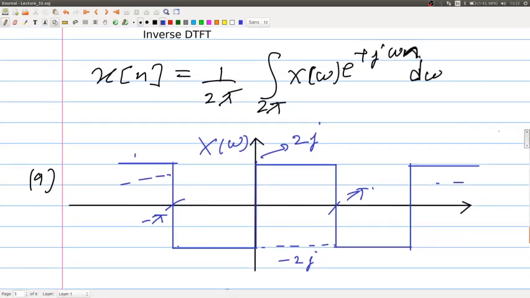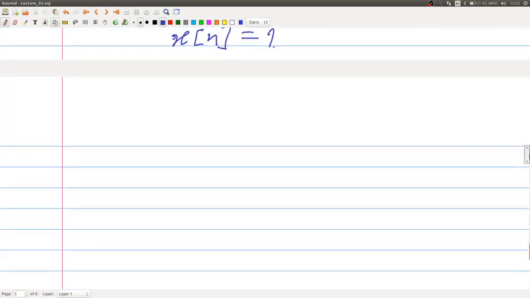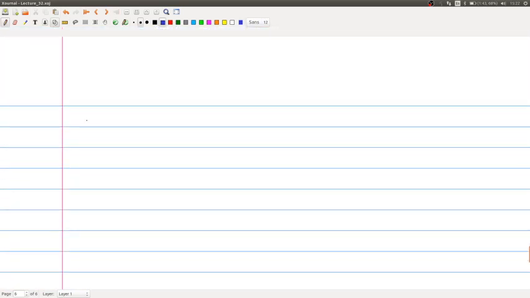So it's simple, you just use this formula and solve the integral.